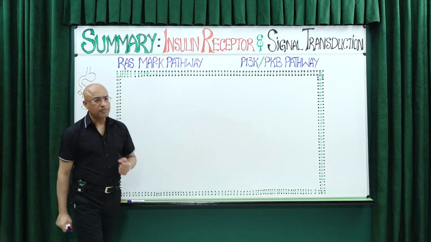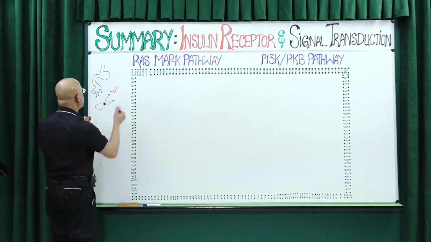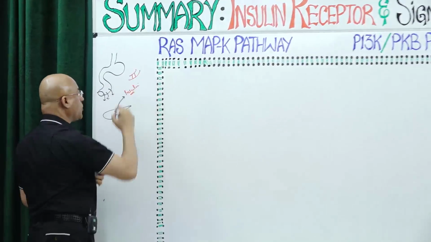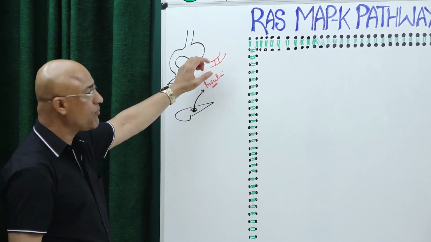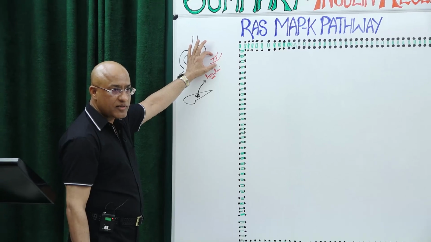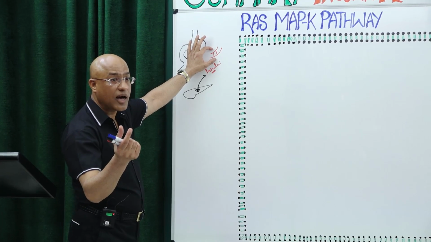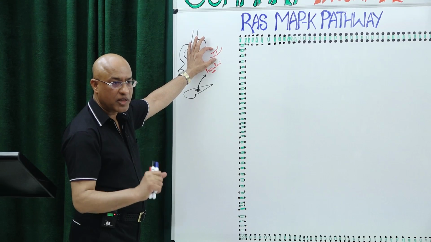But there is an issue. Insulin is basically a 51 amino acid molecule, consisting of 2 peptide chains held by 2 disulfide bonds. This peptide is a relatively larger molecule, and it is a highly polar, highly charged molecule.